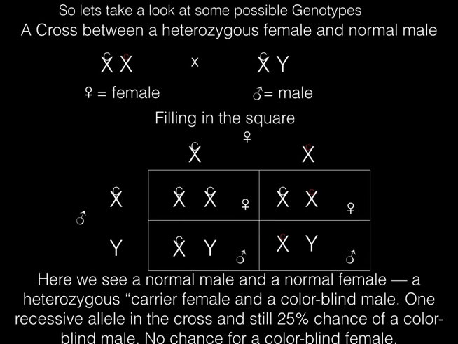So we have two normal females. Lower left, we have a normal male. And then in the lower right, we have a colorblind male because it's little c and nothing. So we see a normal male and a normal female, a heterozygous carrier, and a colorblind male. That's a 25% chance of a colorblind male. That actually should be 50% chance of a colorblind male. No chance for a colorblind female.